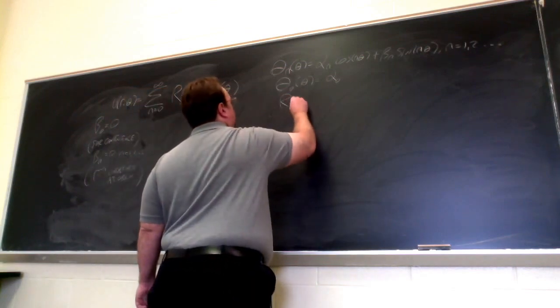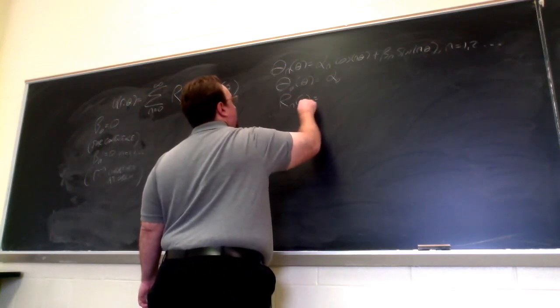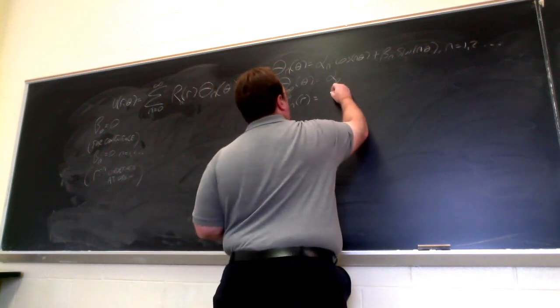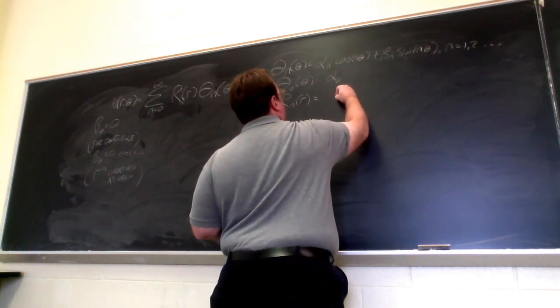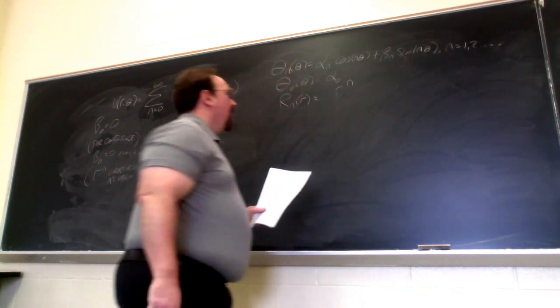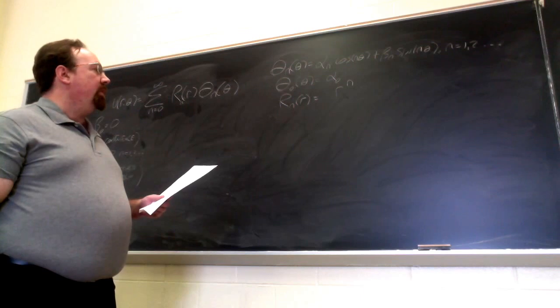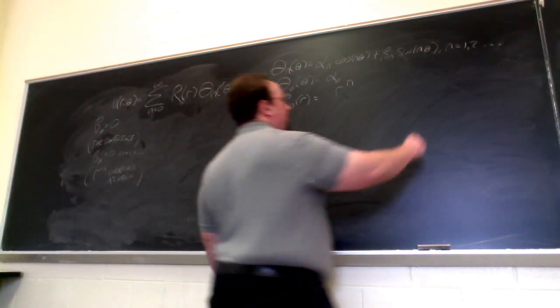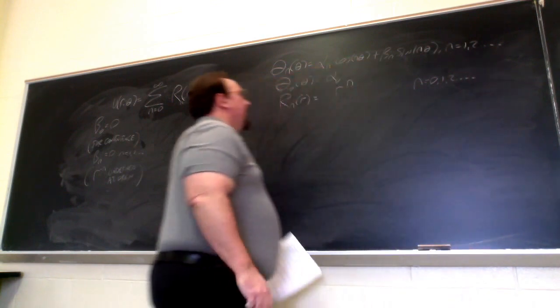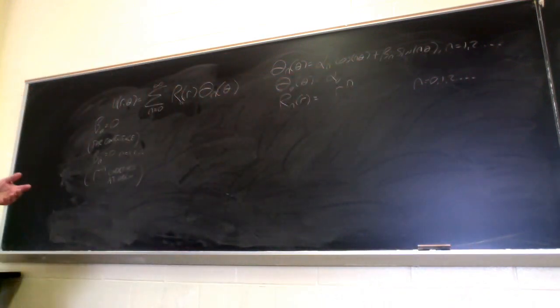Big R n of r is just going to be r to the n, for n equals 0, 1, 2, etc. And I can multiply that by any constant if I want.